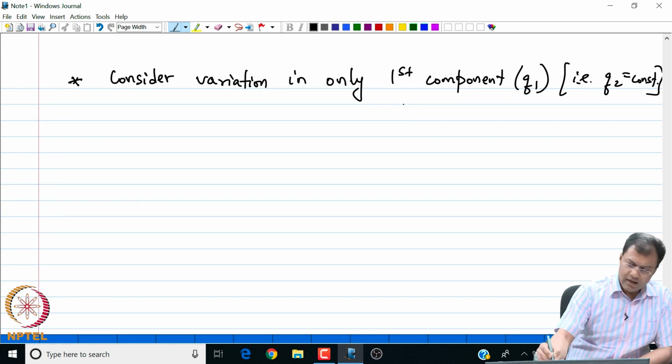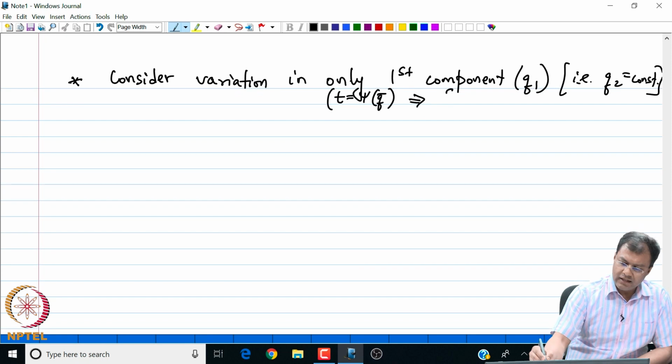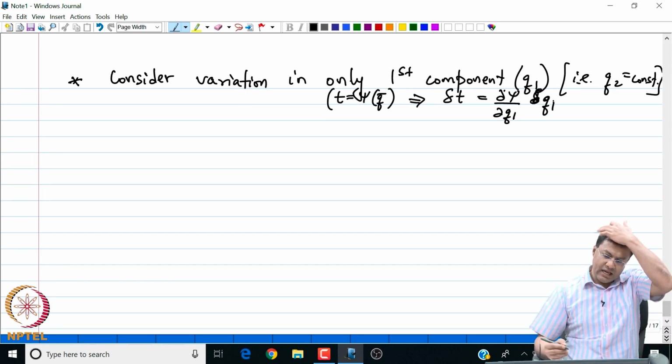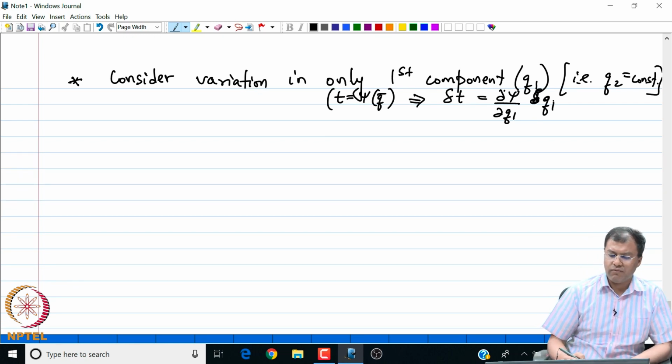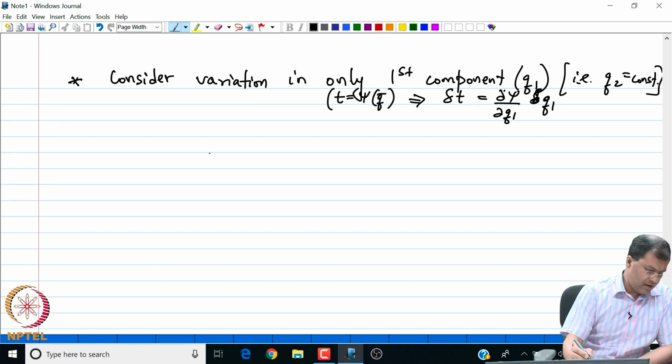From here, since t is on the surface, I see that delta t is partial psi partial q1 times delta q1. So delta t can be expressed in terms of delta q1 as follows, because t lies on the surface.